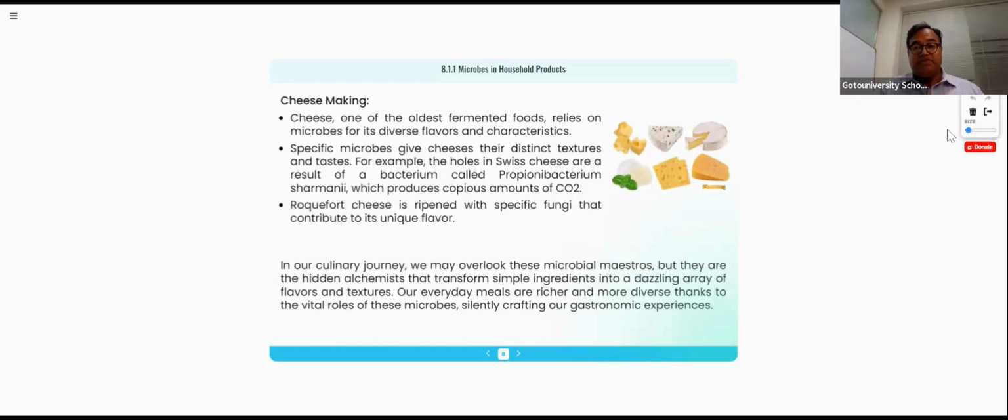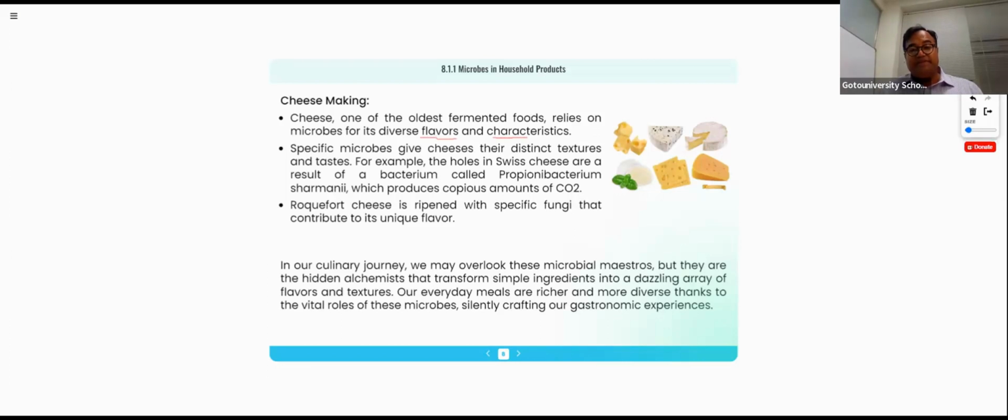In the cheese making process, the flavor and characteristics of the cheese are because of the action of various microorganisms.